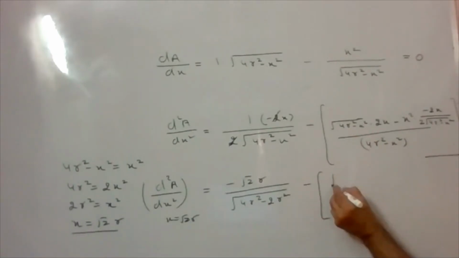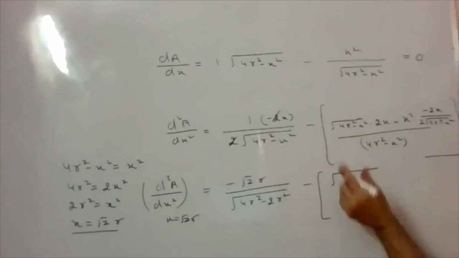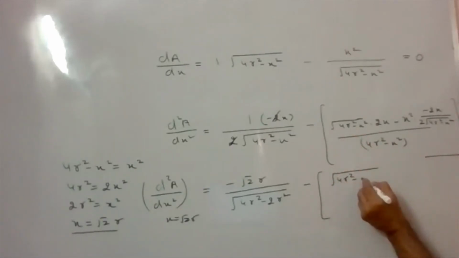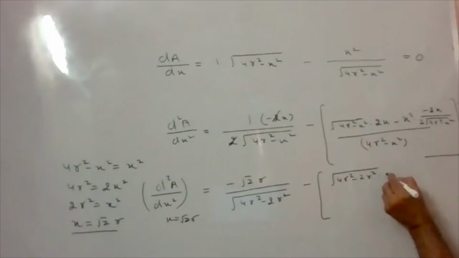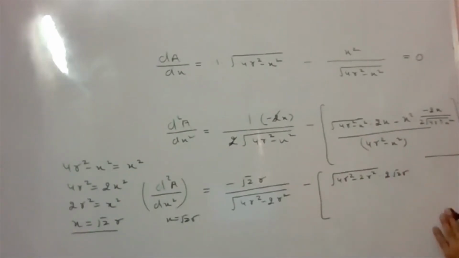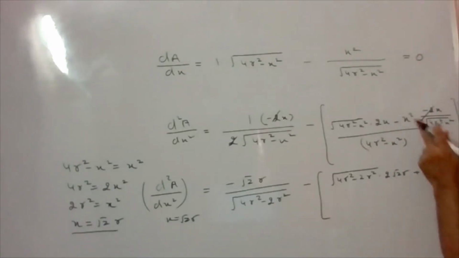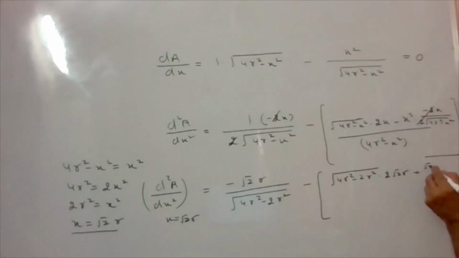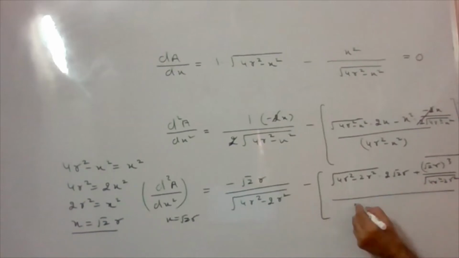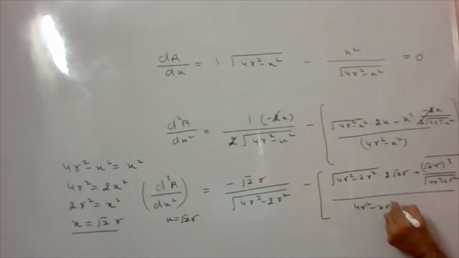This will be coming under root of 4r square minus of 2r square into 2 into root 2r. ये 2 आपका कट रहा है, प्लस आ गया, x क्यूब आ गया ऊपर. x क्यूब को अब आप क्या लिखेंगे? x क्यूब आपका हो गया रूट 2r का whole cube by under root of 4r square minus 2r square. Denominator is also 4r square minus 2r square.